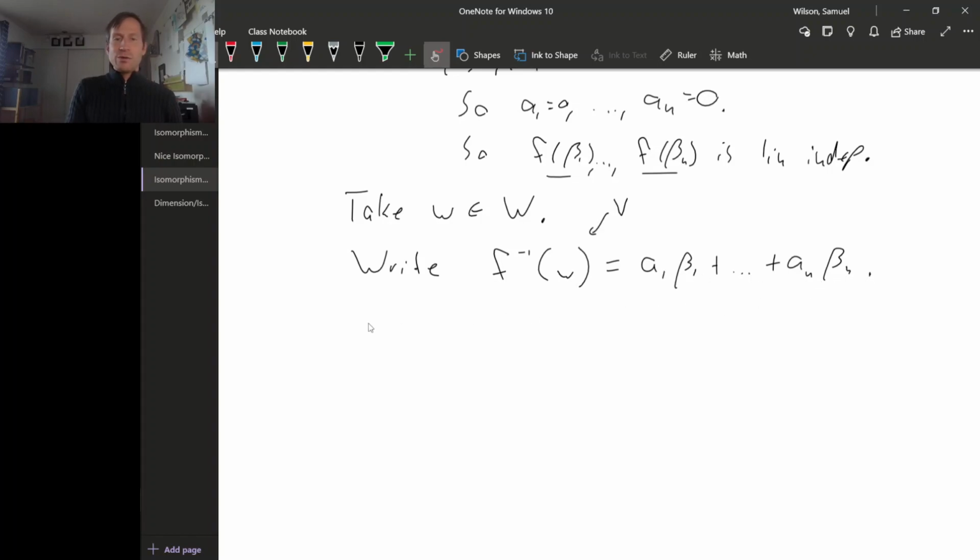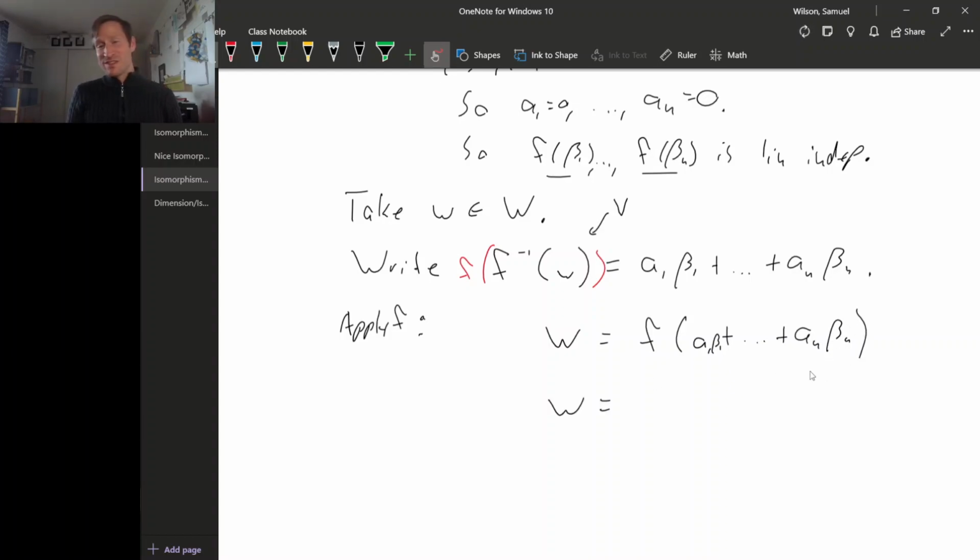All right, well then, now let's apply f to both sides. When we apply f to both sides, on the left-hand side, we get f of f inverse of w, but that's w. And on the right-hand side, we get f of a1 beta 1 plus dot dot dot down to an beta n.